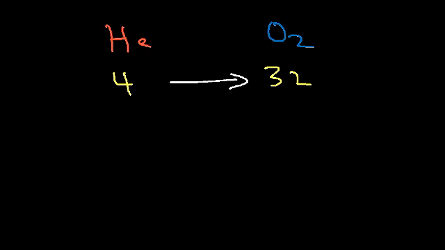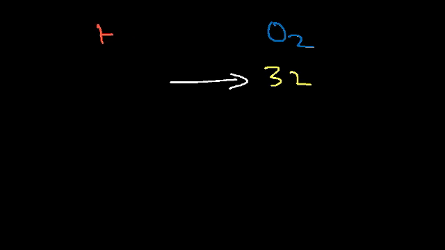So let's compare two gases. Let's look at helium gas and oxygen gas. Helium has an atomic mass of 4 grams per mole, and for oxygen it is 32. Actually, instead of using helium, let's use hydrogen gas.